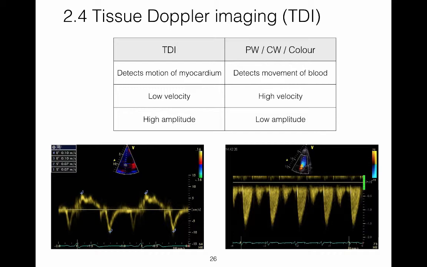The amplitude of myocardial signals are higher than those of blood, however. The images on the screen help reinforce this. The peak velocities on the tissue Doppler image are significantly lower than those on the CW Doppler image. However, the intensity of the tissue Doppler signal appears greater than those on the CW Doppler image.